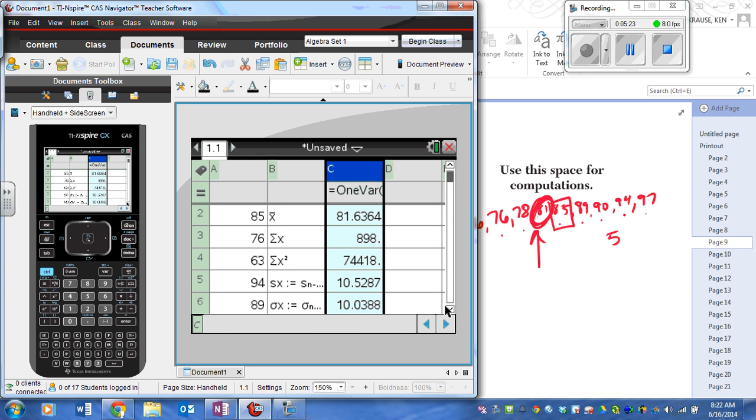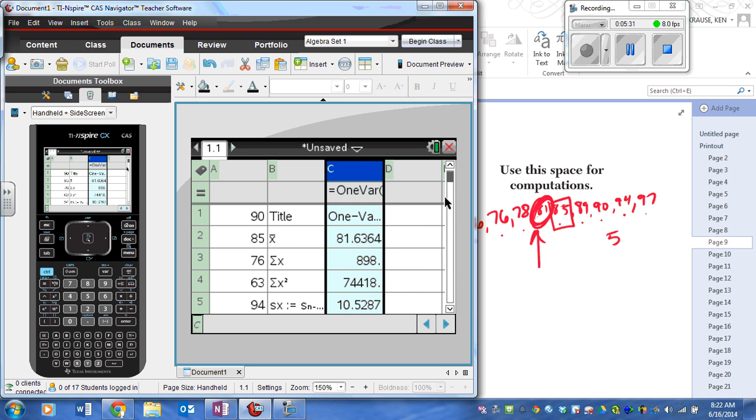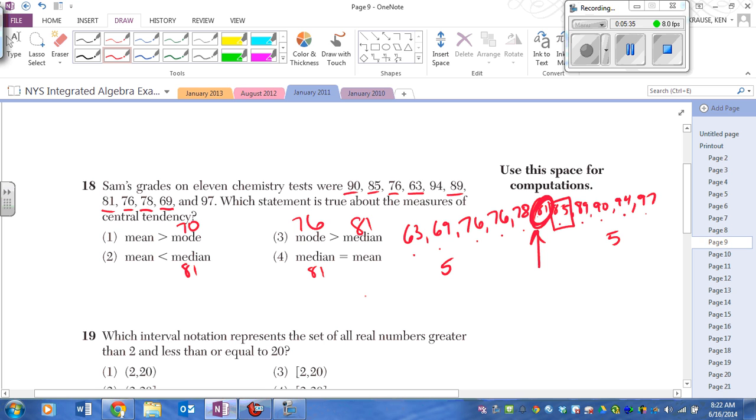So it looks like the mean is 81. Remember, that's X bar. There it is, X bar. X bar is 81.6. So the mean is 81.6. And the mean 81.6 is greater than the mode, which is 76. There's your answer.